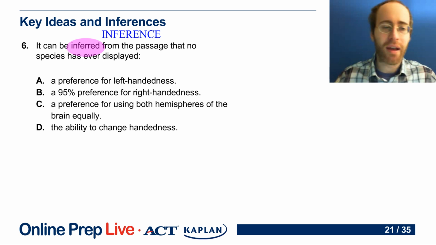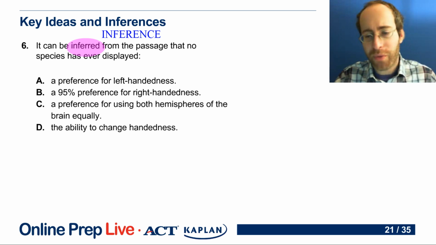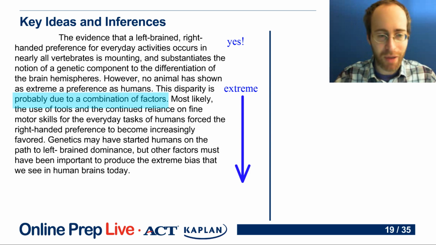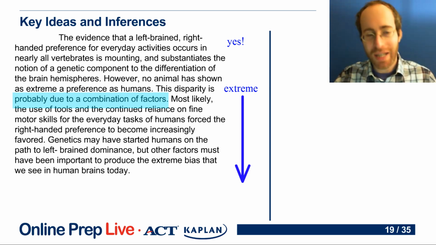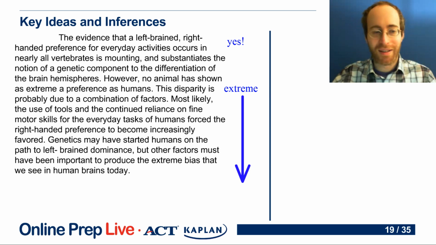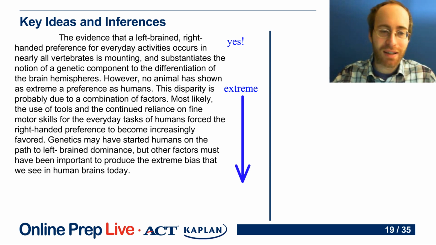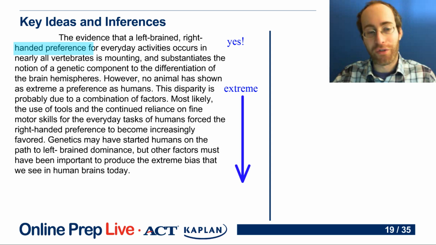Let's start with choice A, a preference for left-handedness. Okay, can we deduce from this passage that no species has ever had a preference for left-handedness? Well, at the top of paragraph 2, the author says that the evidence that there's a right-handed preference for nearly all vertebrates is mounting.